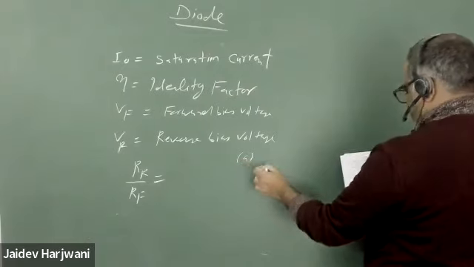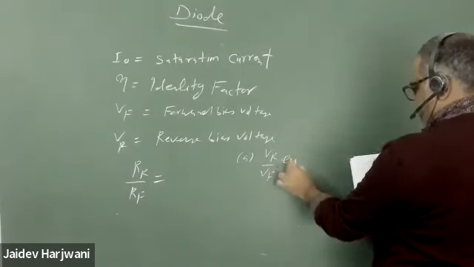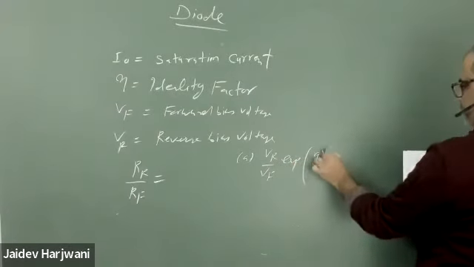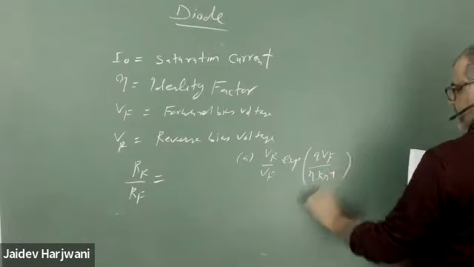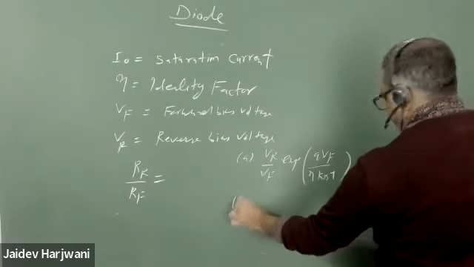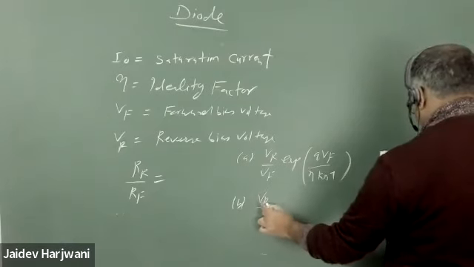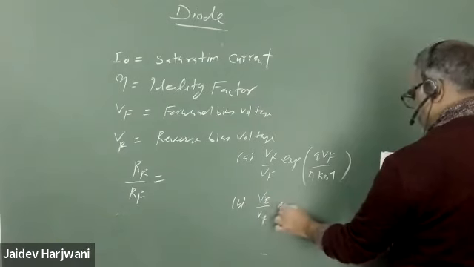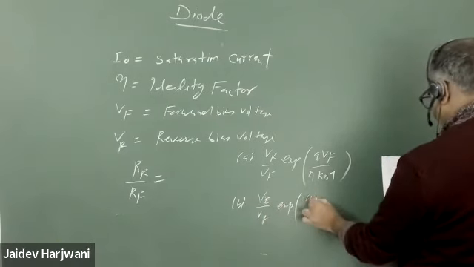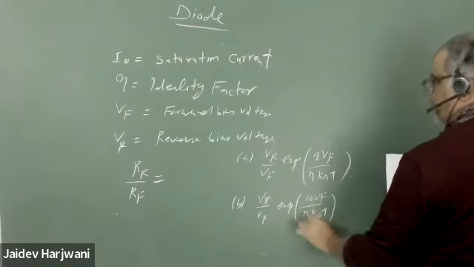Option A: Vr upon Vf equals exponential of qVf upon eta kBT. B is given as Vr upon Vf equals Vr exponential of qVf upon eta kBT.